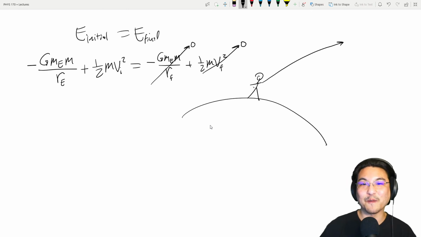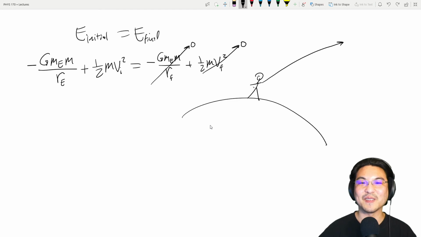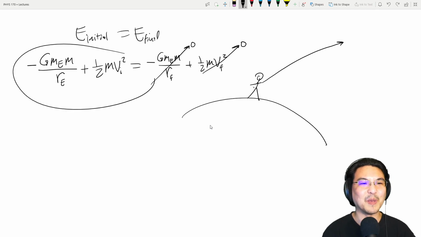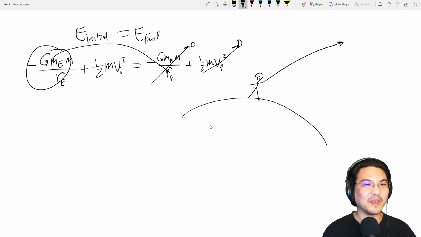If you throw it even faster, then this will start to become positive. So it escapes and it's still going at some speed. But if you throw it where it escapes and it's just enough for it to come to a stop, then this is zero. So this is the minimum velocity necessary to escape. Okay, so then let's solve for this. Just move this to the other side of the equation.